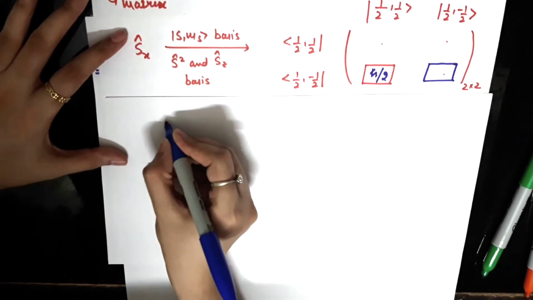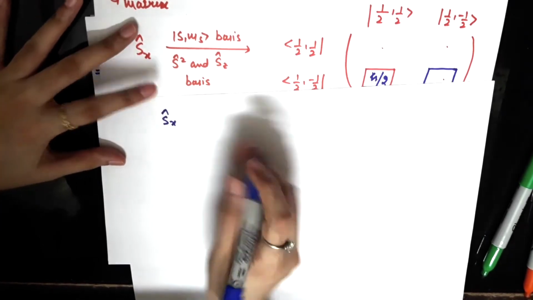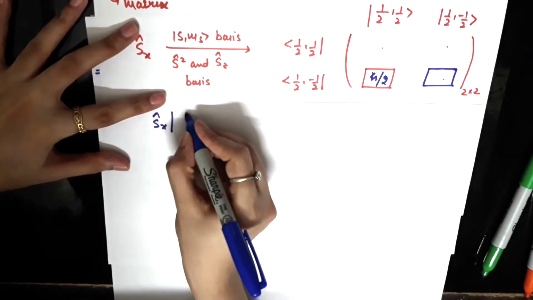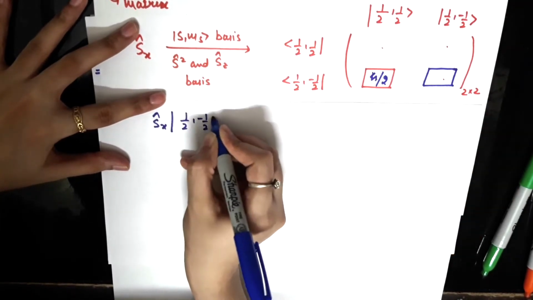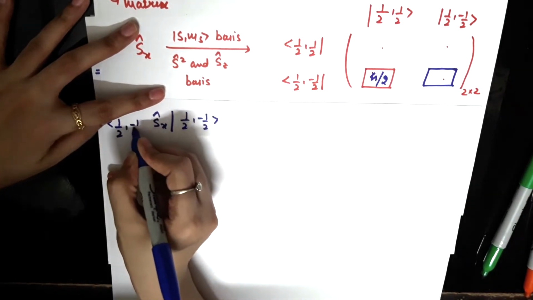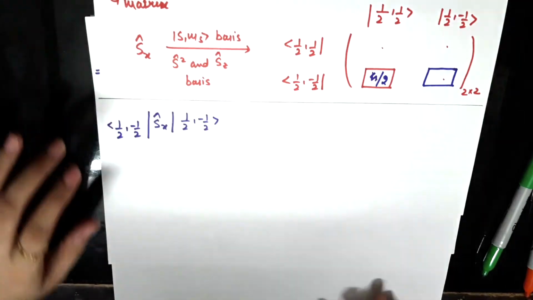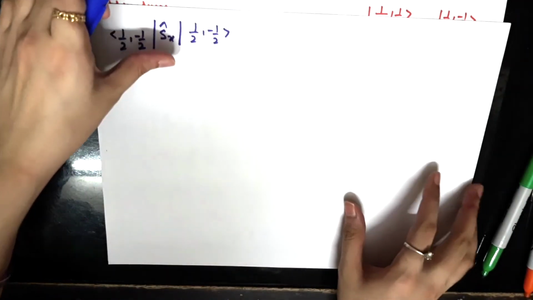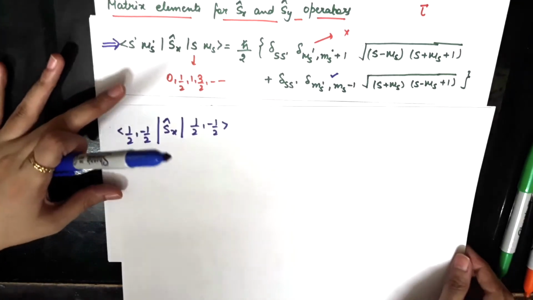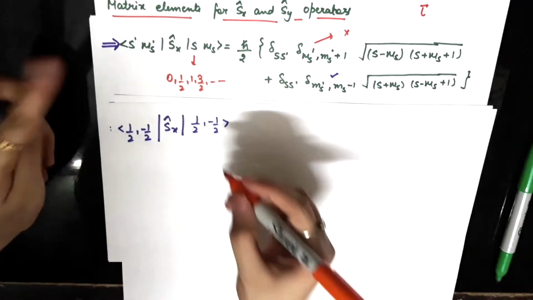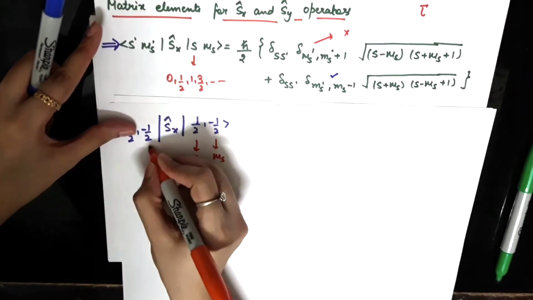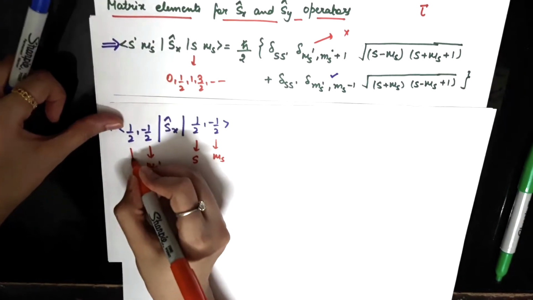I can write it as a matrix element of Sx, where the column entry, which goes as a ket, is half, minus half, and the row entry, which goes as a bra, is half, minus half as well. If I compare it with my formula for the matrix element of the Sx operator, then this is my MS, this is my S, this is MS prime, and this is S prime.